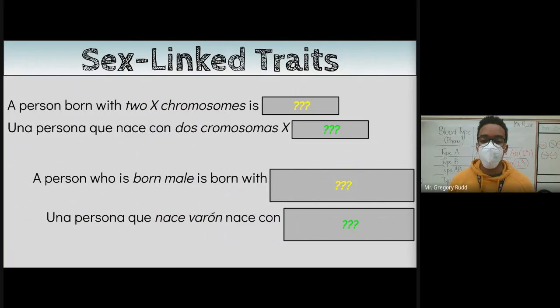Okay, so let's see how much you guys know. Let's see if there's any prior knowledge about this concept. A person who is born with 2 X chromosomes is what? What do we call that person? Any ideas? If you're born with 2 X chromosomes.